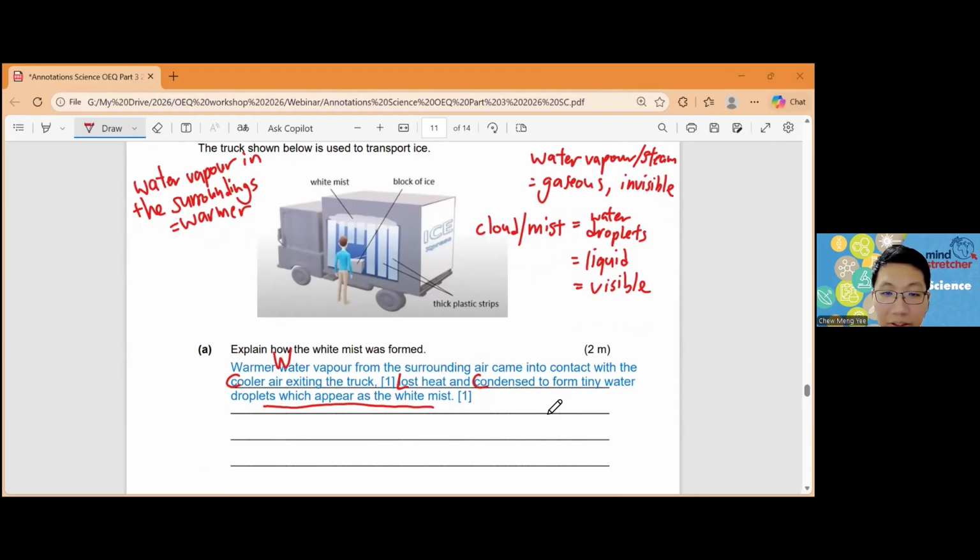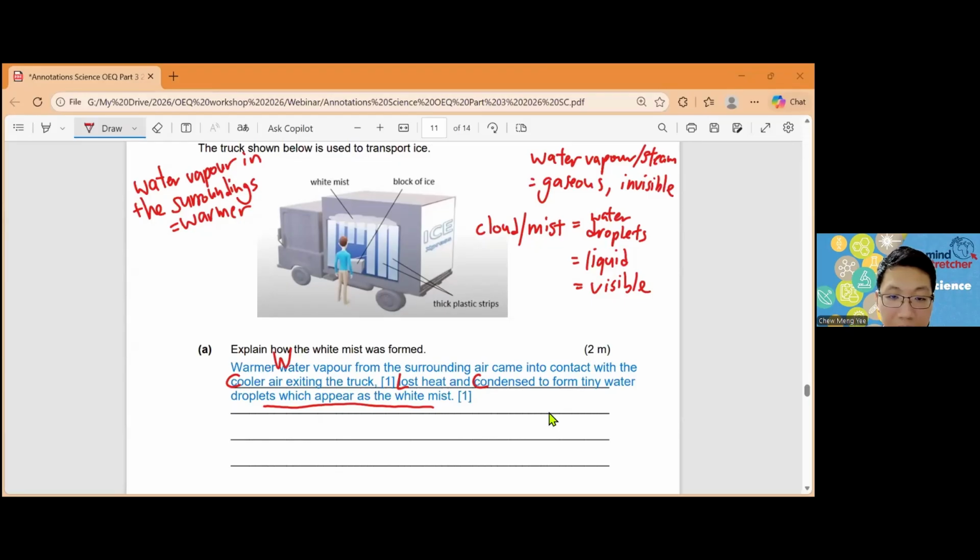Thanks, Kaden. But in case for anyone who still doesn't know this, this is a very, very, very important concept. Now, haze is different. Haze contains other particles. Haze contains smoke particles, dust particles. So, haze is a completely different story.